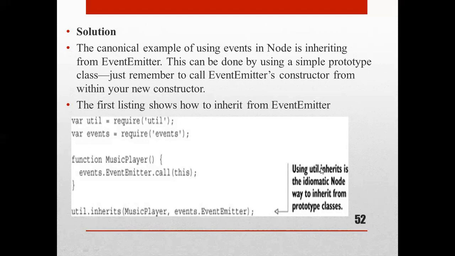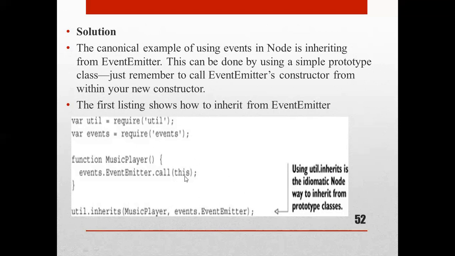Using util.inherits is the idiomatic Node way to inherit from prototype classes. These are the classes from the events module. We are going to inherit some features from this event emitter.